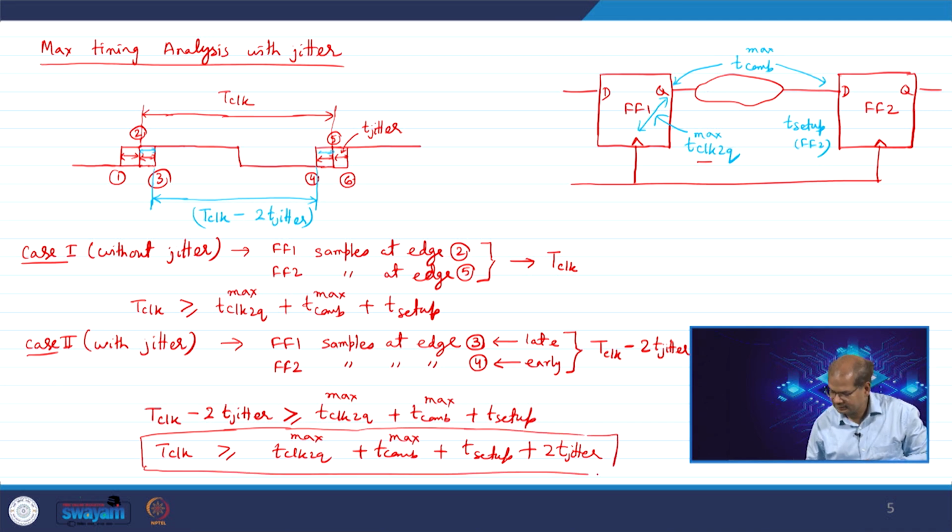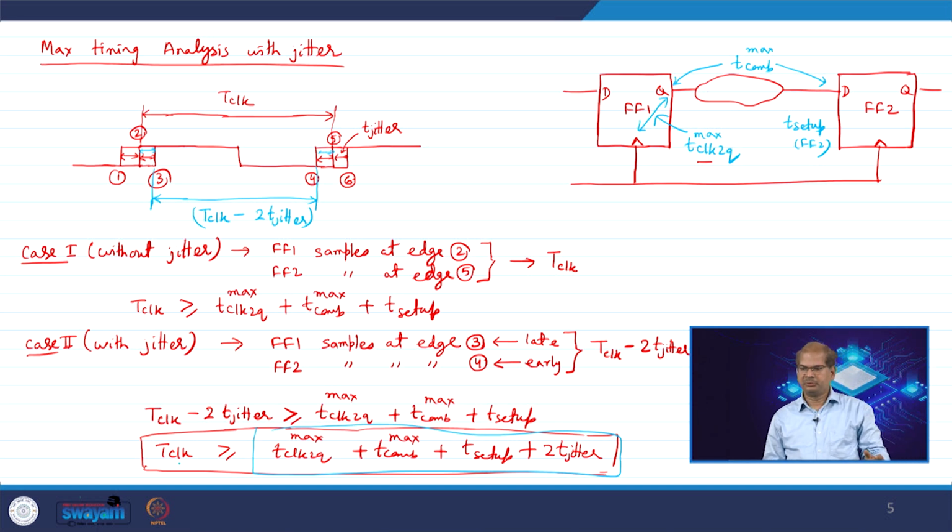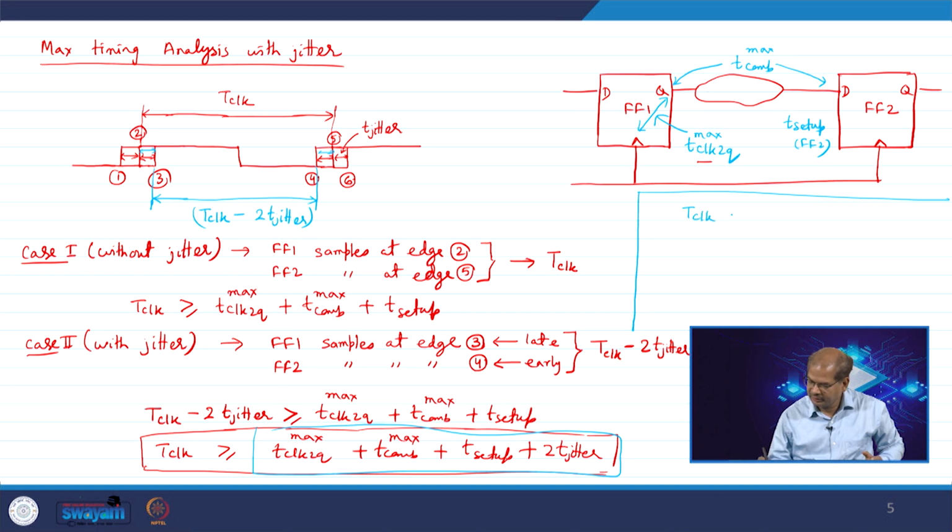So, what happened is that the right hand side now requires more time. This part is larger, which means it now requires a larger time period. In summary, your T clock will be increased by 2 T jitter.